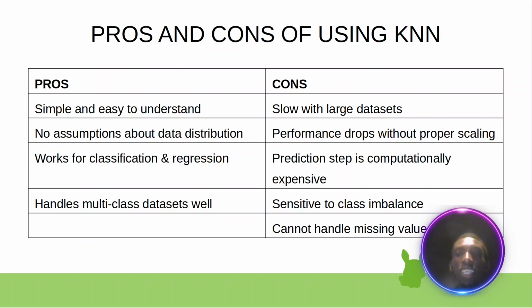So then next, if we also look at the cons, there are various cons. Actually, the cons are more than the pros. So if you look at the cons, it's slow with large datasets. The performance drops without proper scaling.